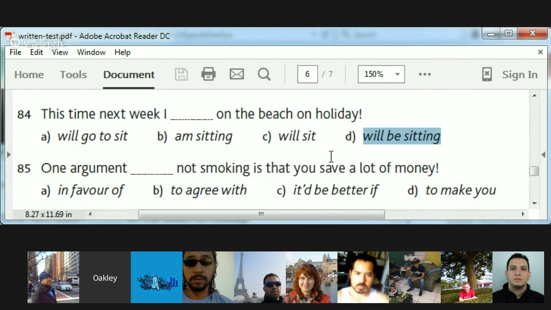Okay. Because that means you will be in the action of sitting. Now, your choice, I will go to sit. It is possible this time next week. That means you are starting to go to the beach to sit. All right? Do you see the difference?